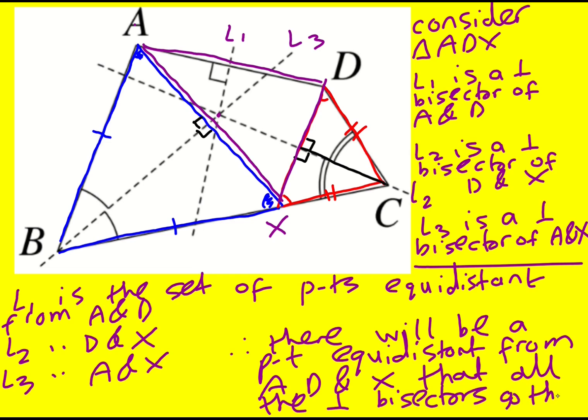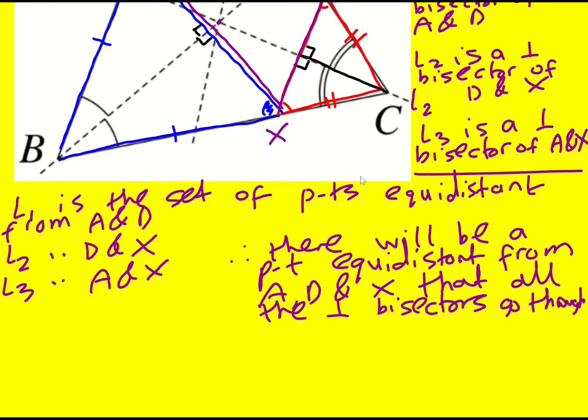So for example, L1 is a set of points equidistant from A and D. But because L2 is equidistant from X and D, if we find out where those two cross, then that will tell you where the point is the same distance from A, D, and X. And if you bring in L3 as well, then it's going to cross in exactly the same place. So that is enough. There'll be a point equidistant from A, D, and X that all the perpendicular bisectors go through.